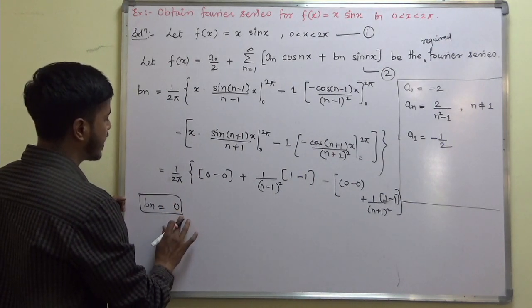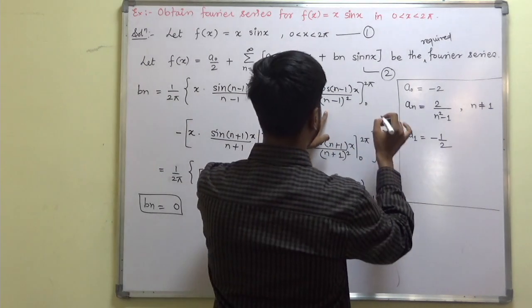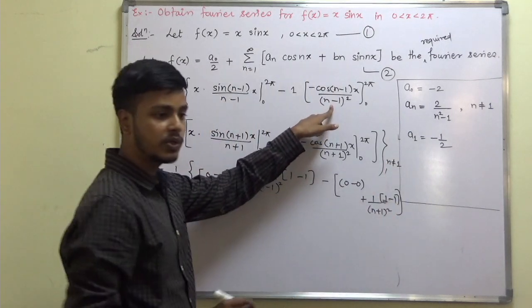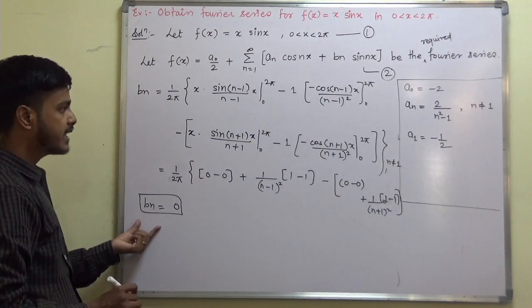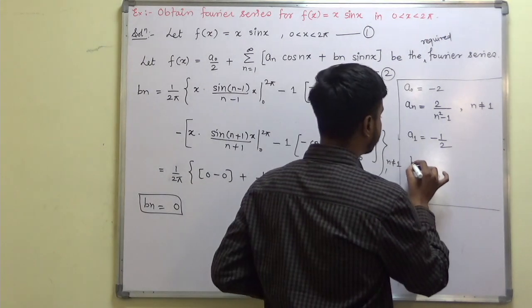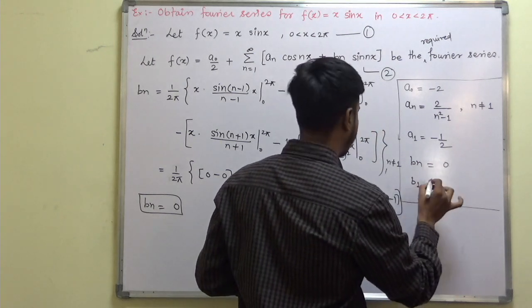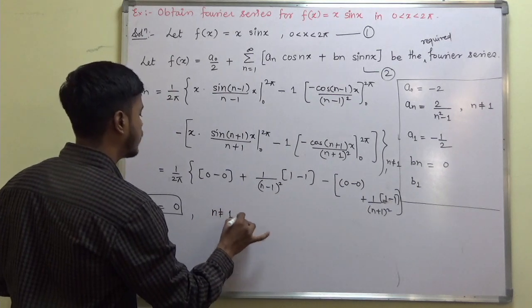Now before I complete this, you can specify here n not equal to 1, because if n is equal to 1, this would be 0 and this would be not defined. So Bn is equal to 0 for n not equal to 1.